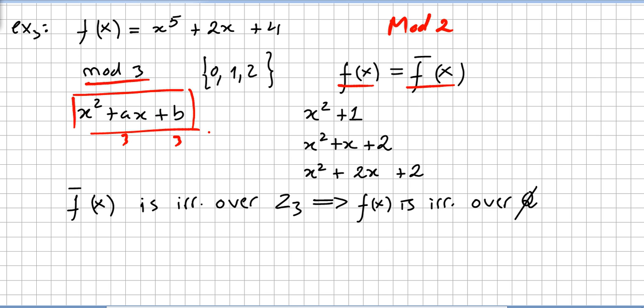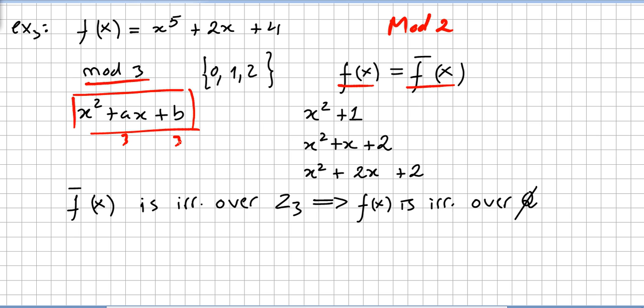But we know that f bar of x cannot have a zero, so we immediately rule out all polynomials that give us zeros. You just do simple calculations, and 6 of them will disappear immediately.